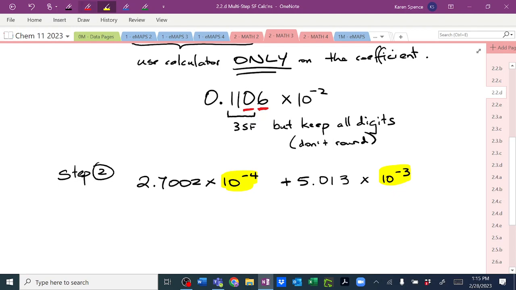Okay, so I'm going to take my 10 to the negative 3, and I'm going to change it to 10 to the negative 4 to match our other one.